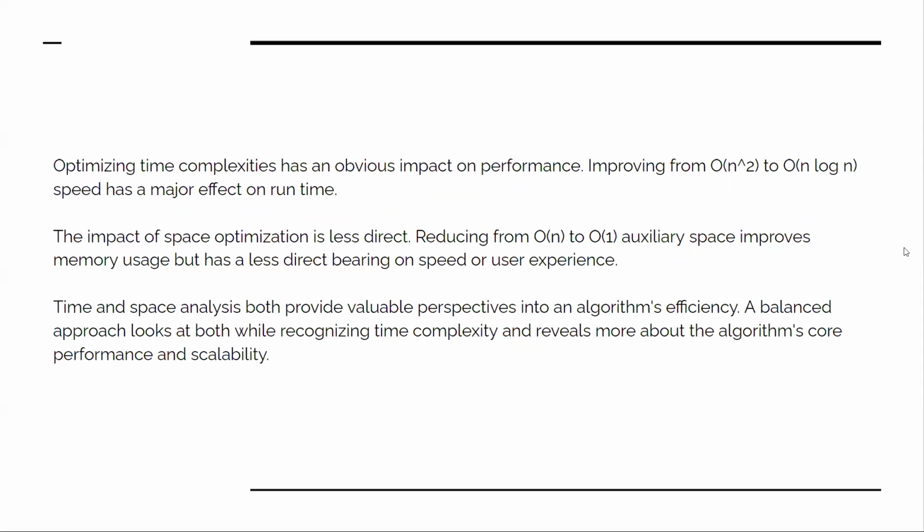Optimizing the time complexity has an obvious impact on performance. Improving from O of n squared to O of n log n has a major effect on runtime. The impact of space optimization is less direct. Reducing from O of n to O of 1 auxiliary space improves memory usage but has a less direct bearing on speed or user experience.